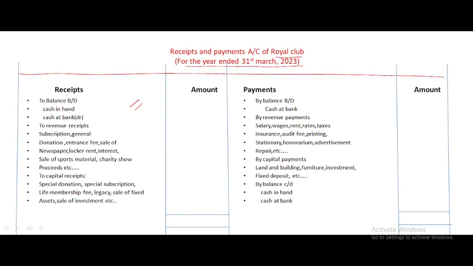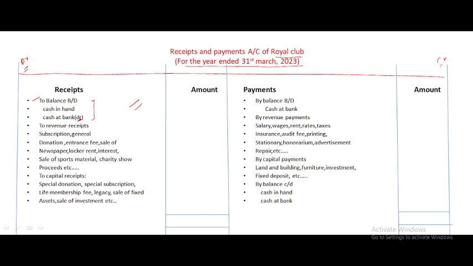Left hand side receipts, amount, right hand side payments, amount. Left hand side shows the debit side, right hand side shows the credit side. First, it starts with opening balance: to balance b/d, cash in hand, cash at bank, debit balance.